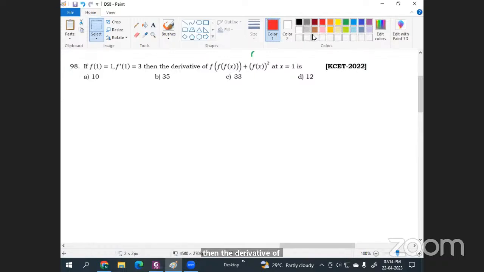Very good question. Very good question. Can try. The derivative of d by dx of f of x plus f of x whole square.